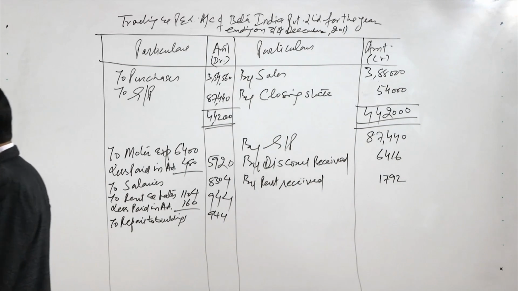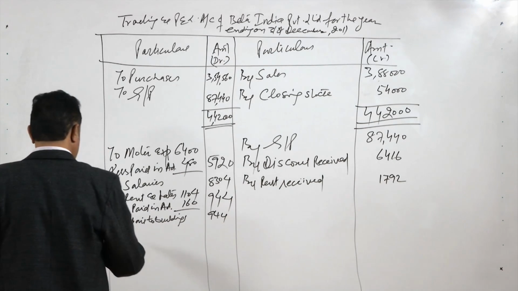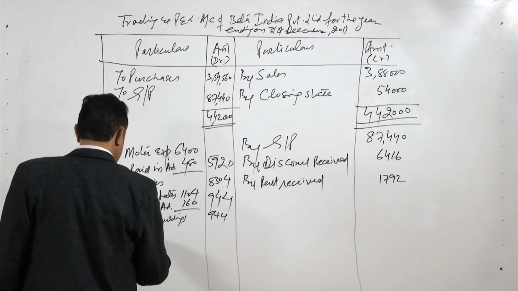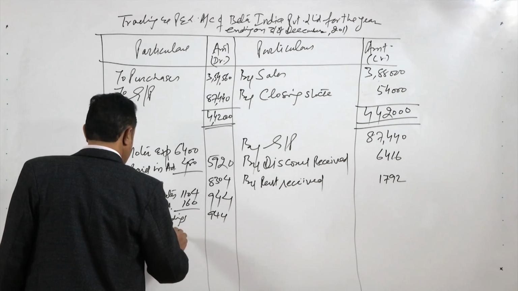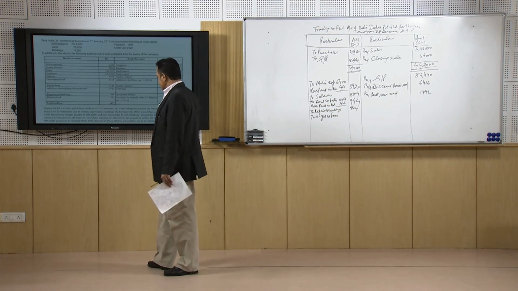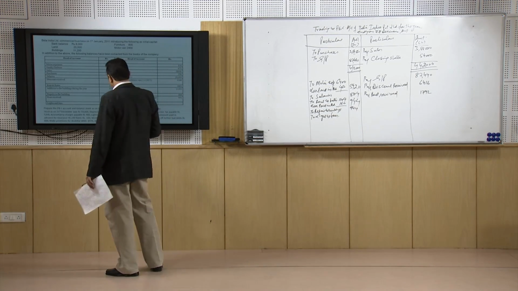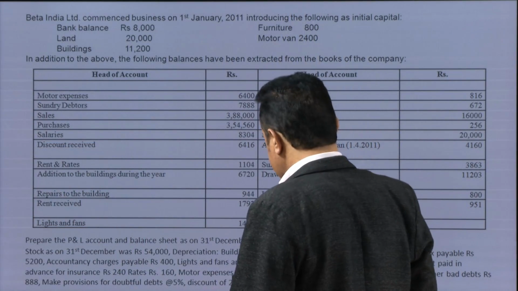Then is lights and fans. Yes, lights and fans is another head of expenditure. To lights and fans. But before that, let us look, is there some additional information pertaining to lights and fans? Stock, depreciation, income tax, accounting charges.